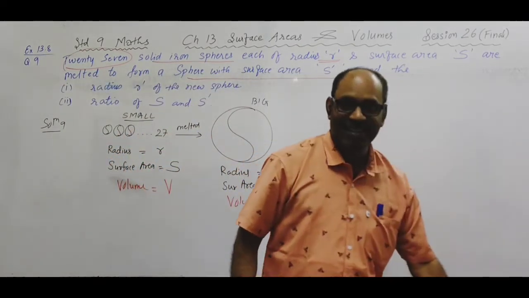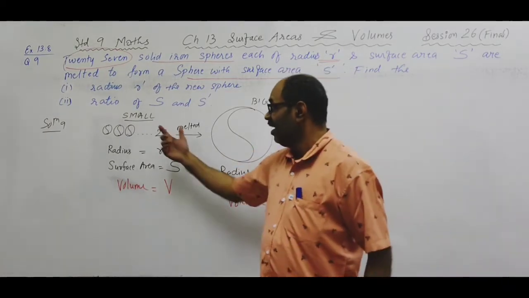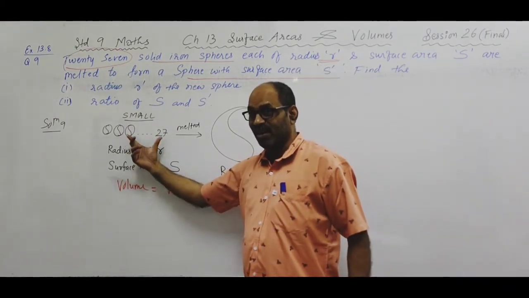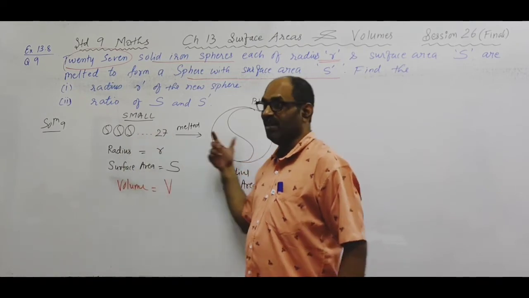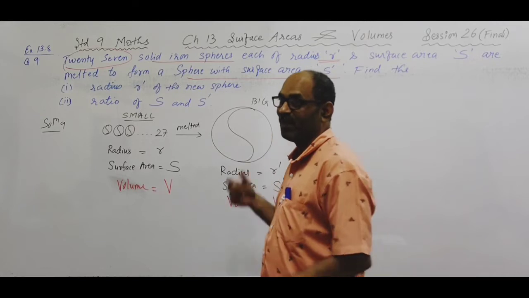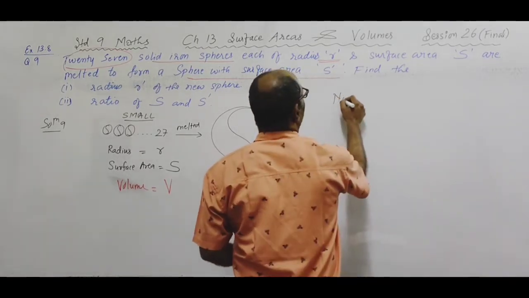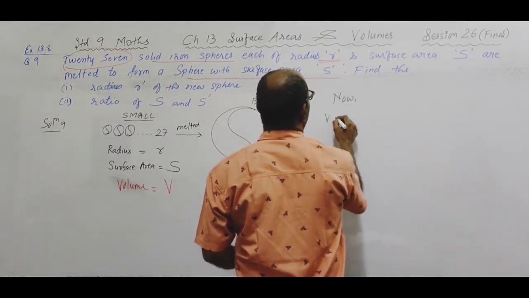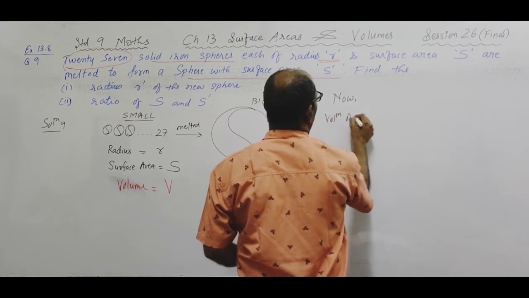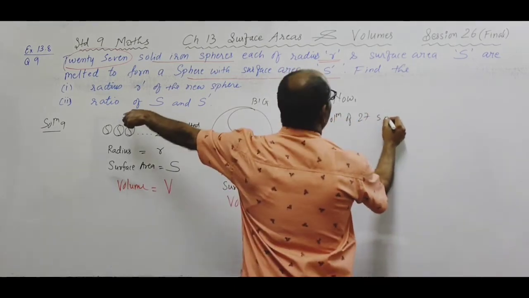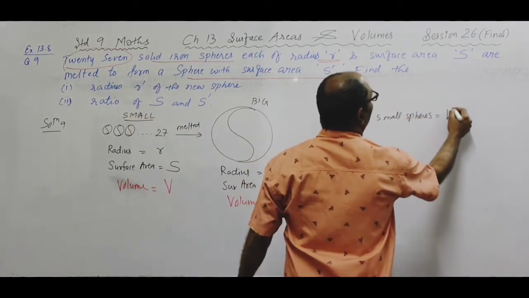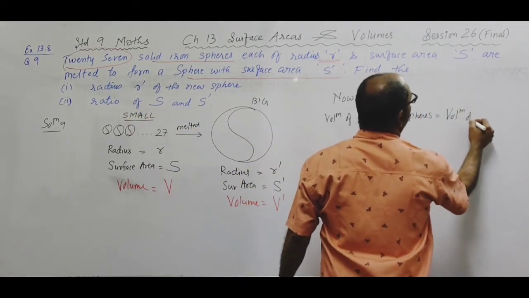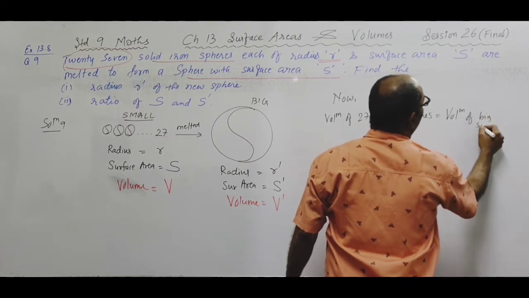Children, it is not the volume of one sphere. Here we have the volume of 27 spheres, which is equal to the volume of this sphere. This is a very important statement: the volume of 27 small spheres is equal to the volume of the big sphere.